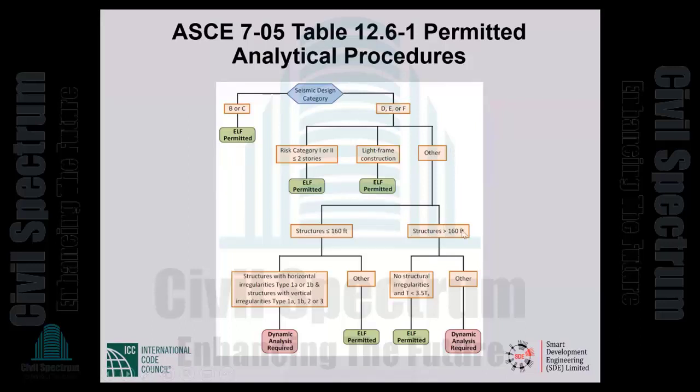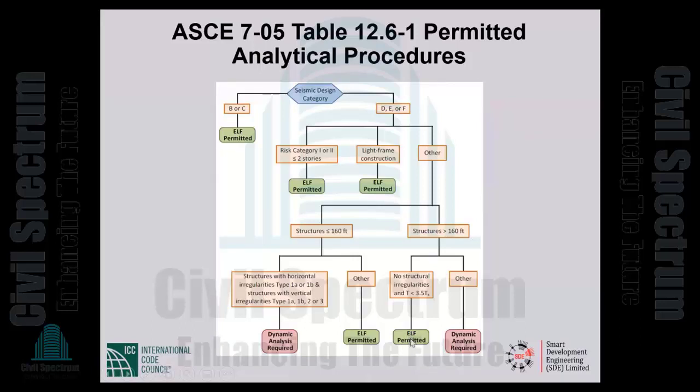Are we talking about buildings taller than 160 feet in height or up to 160 feet in height? Okay. So if it is taller buildings, more than 160 feet in height, then you will get to do dynamic analysis.